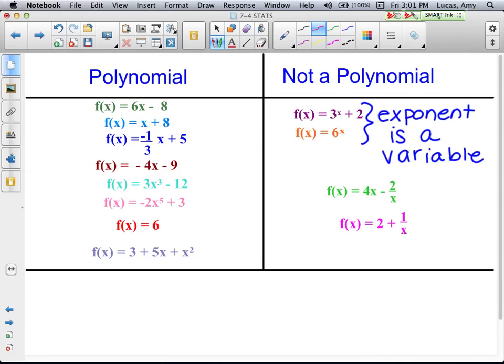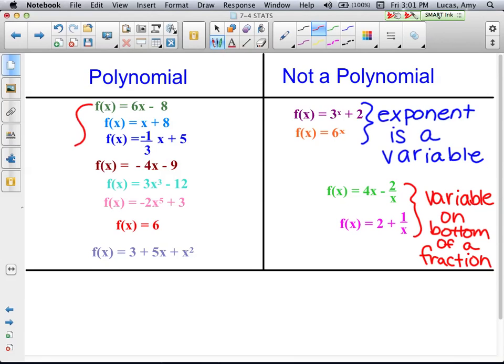So these two have a variable on the bottom of a fraction. So that's why they're not polynomials. And then again over here, the type of polynomial, these are all binomials because they have two terms. I've got one monomial and then one trinomial.